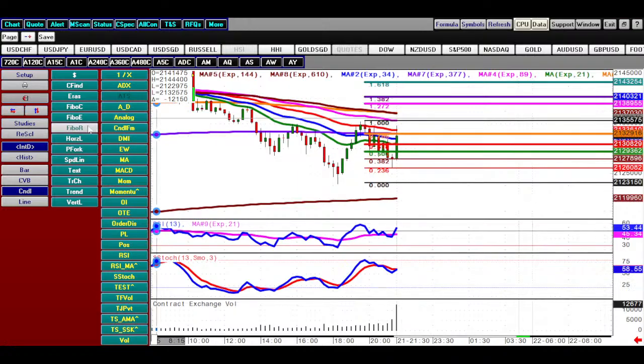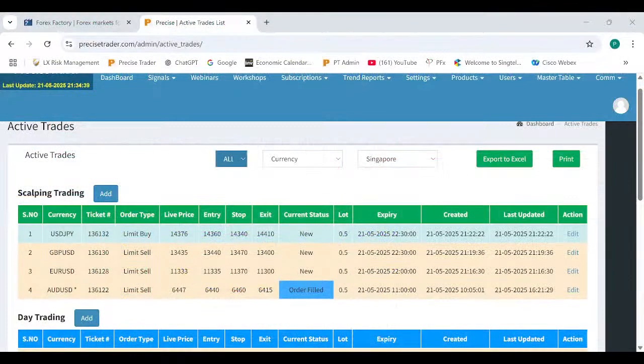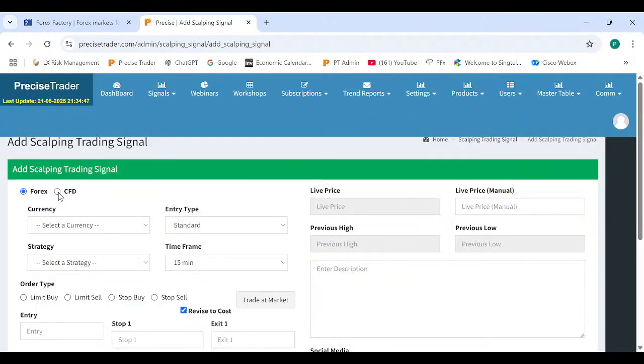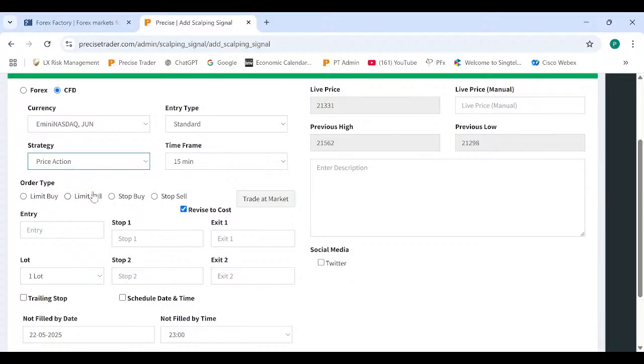So let's key in this order. Nasdaq, selling at 21340.